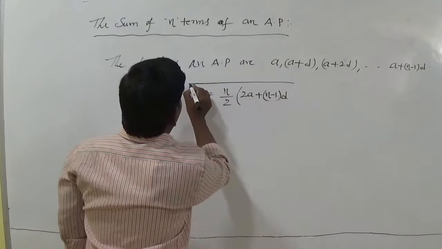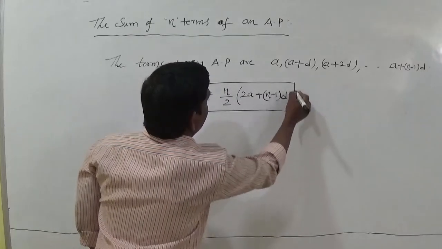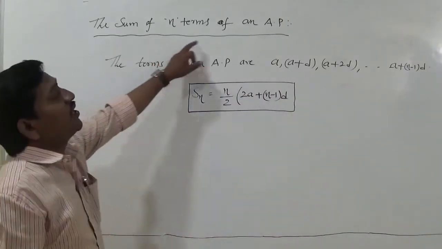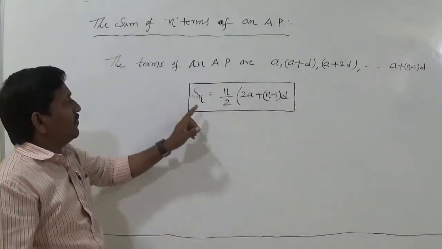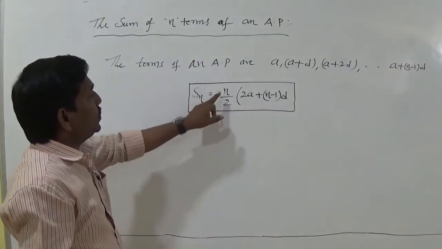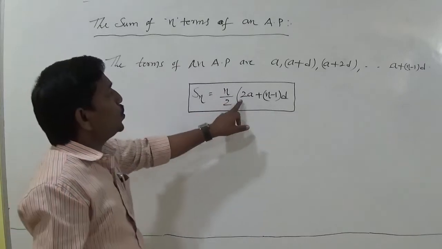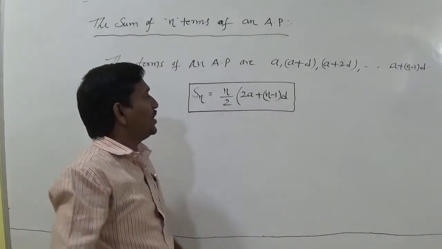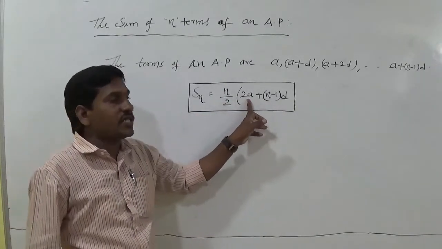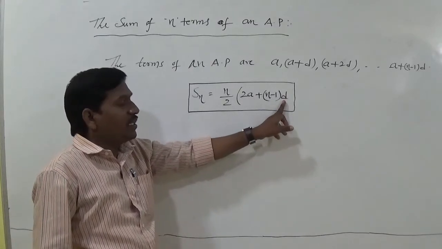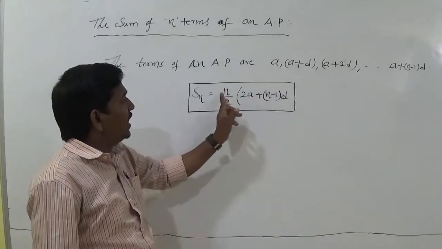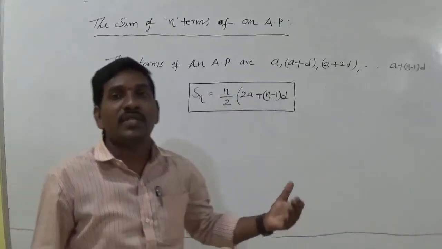This is the formula for the sum of n terms of an AP. Here a means first term, d means common difference, and n equals the number of terms in the progression.